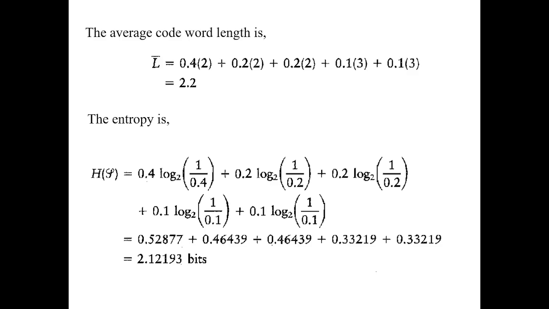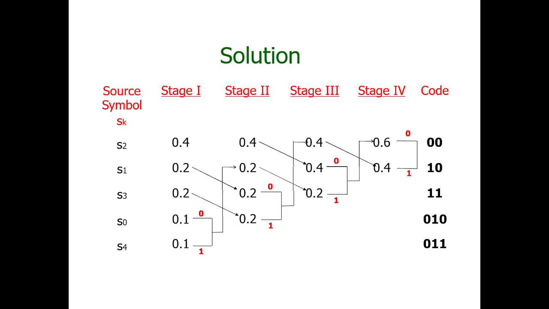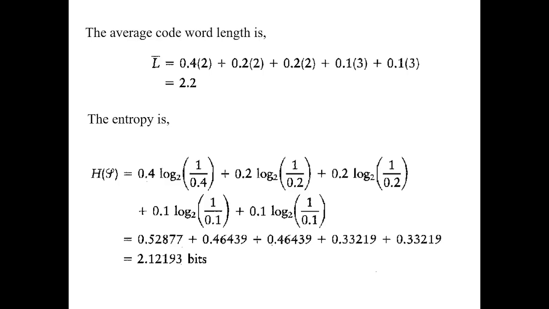From that, we find the average code length, which is given by here. We have to multiply the probability with the code word length. How many bits are in each code word? We find 2, 2, 2, 3 and 3. Likewise, we mention the code word lengths, multiply, and get the answer as 2.2 here.